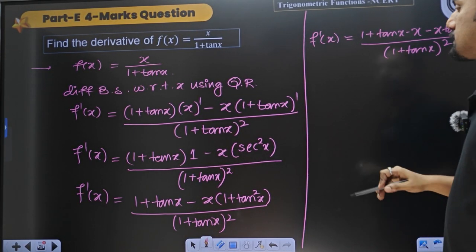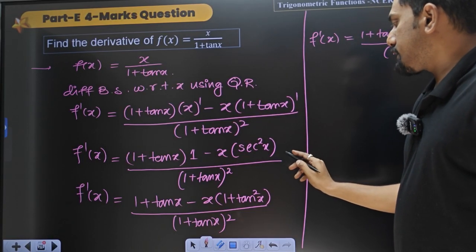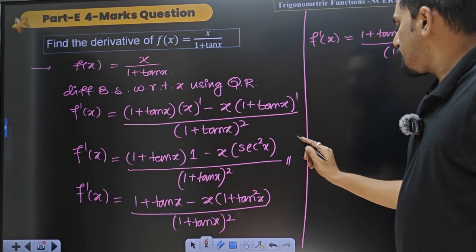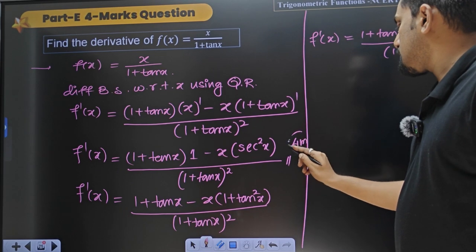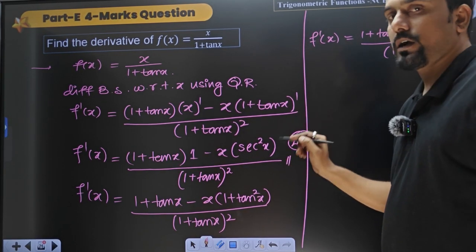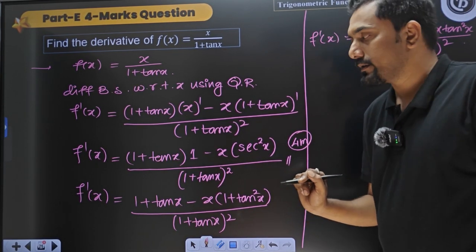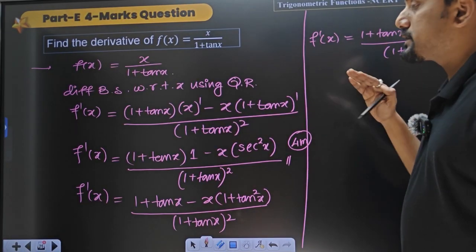Okay, up to this you will get 4 out of 4 marks because we have applied the rule and we have differentiated the given function. Okay, these are all about the simplification part.